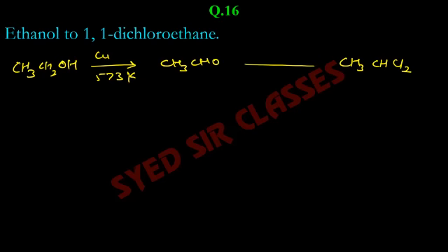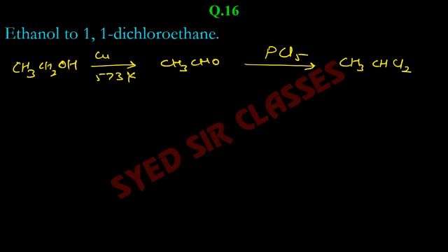After that, you have to convert it to geminal dihalide. Remember, you have to use PCl5. And this is something you have to memorize, that from aldehyde to geminal dihalides, you can obtain from PCl5.